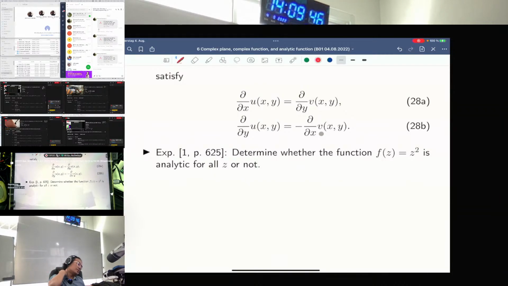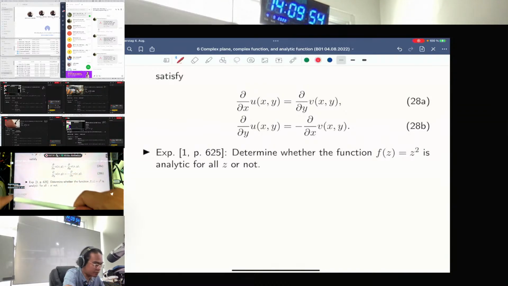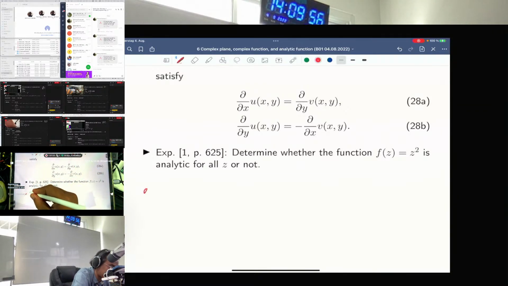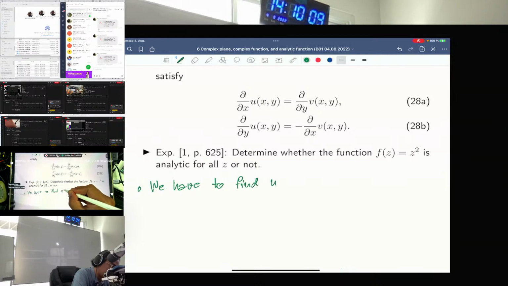So we need to find u and v. The steps to solve this are that first we have to find u(x,y) and v(x,y).